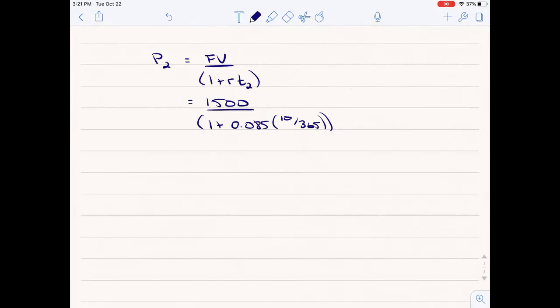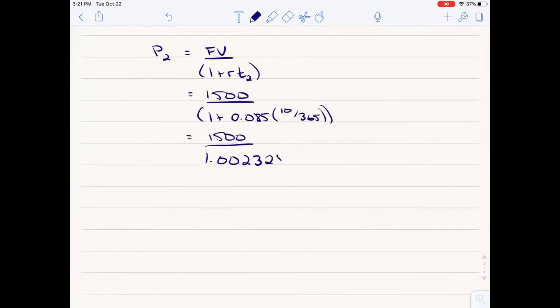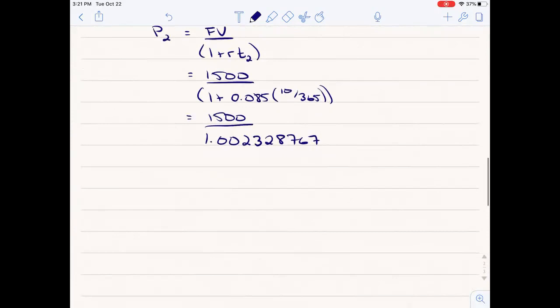Very important. You could try not doing that, but you'll get a way wrong answer. 0.085 times 10 divided by 365, and then we get 1,500 divided by plus 1, 1.0023, oops, 28767.